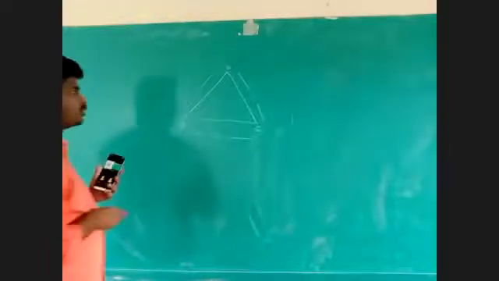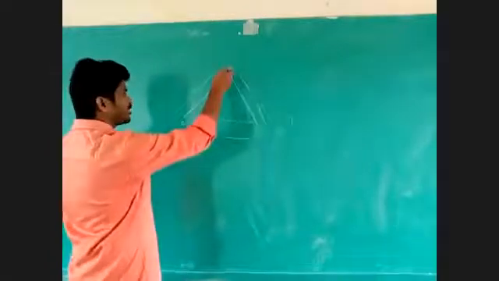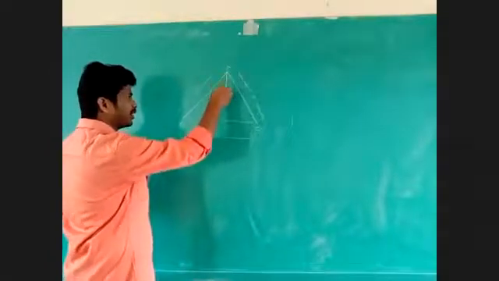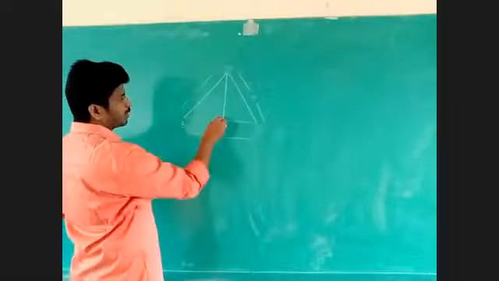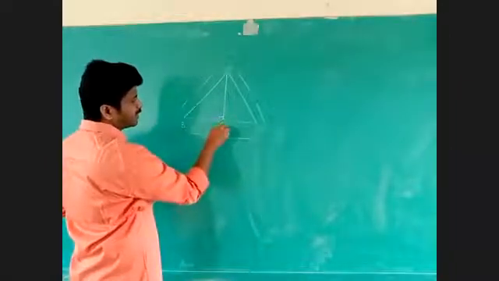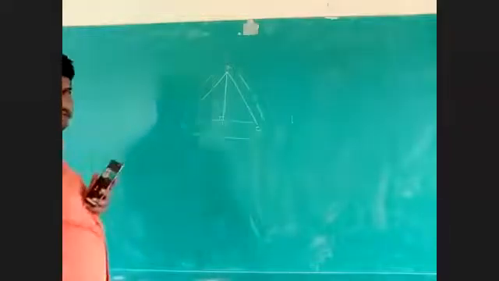Now let us consider AB equal to A. That's why the remaining two sides are also A units. Now draw one altitude. Altitude means exactly the perpendicular bisector. Here AD is the altitude.